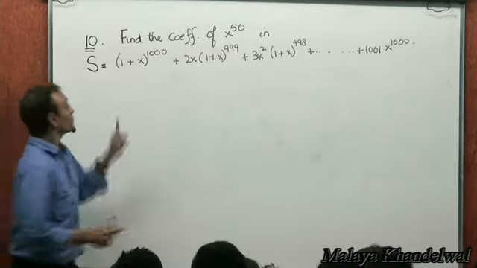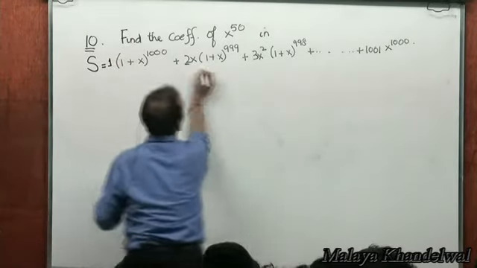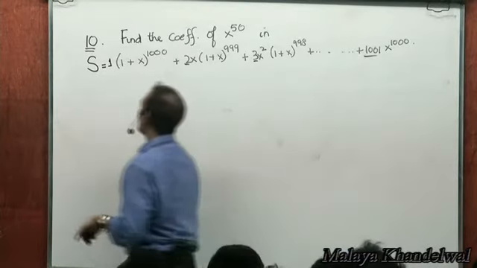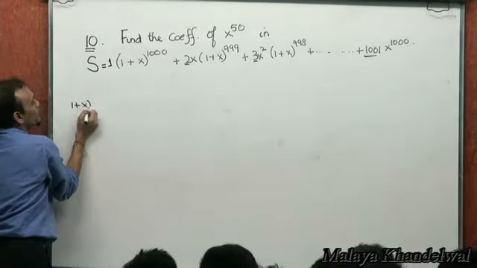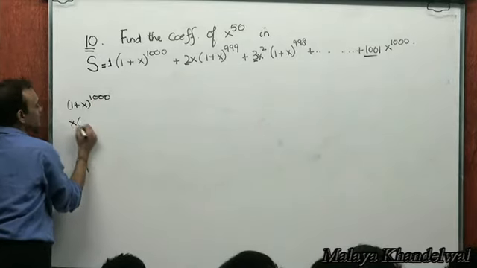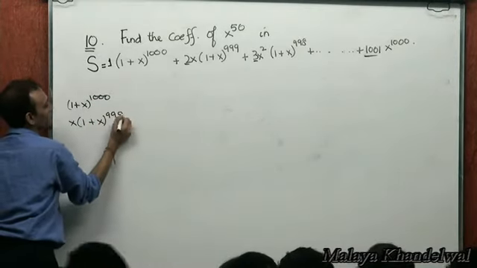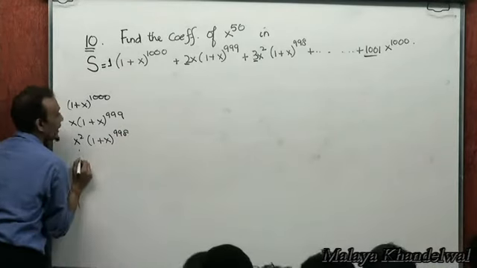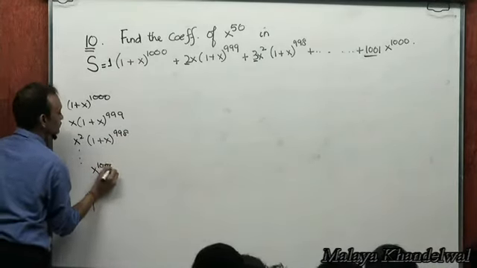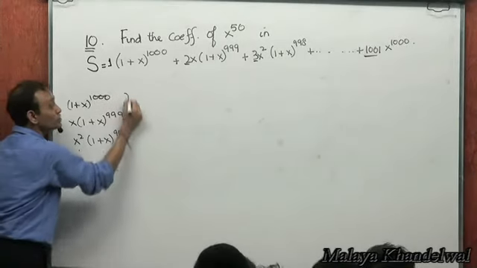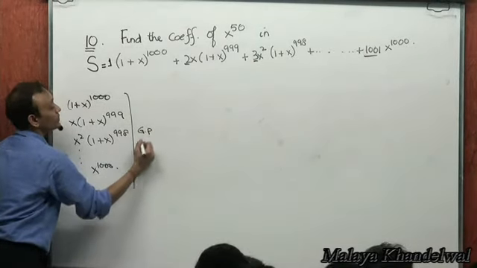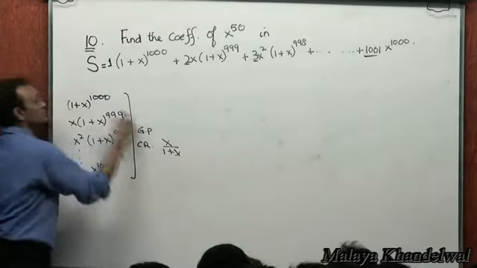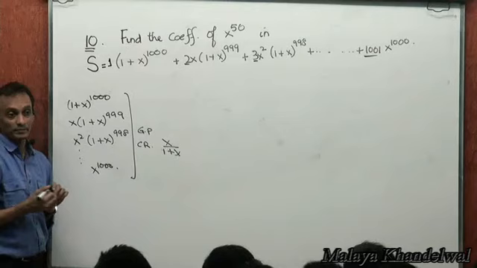Arithmetico-geometric progression. See, 1, 2, 3, up to 1001 are an arithmetic progression, whereas 1 plus x to power 1000, x into 1 plus x to power 999 and x squared into 1 plus x power 998, up to x to power 1000, this is a GP series with common ratio x by 1 plus x.